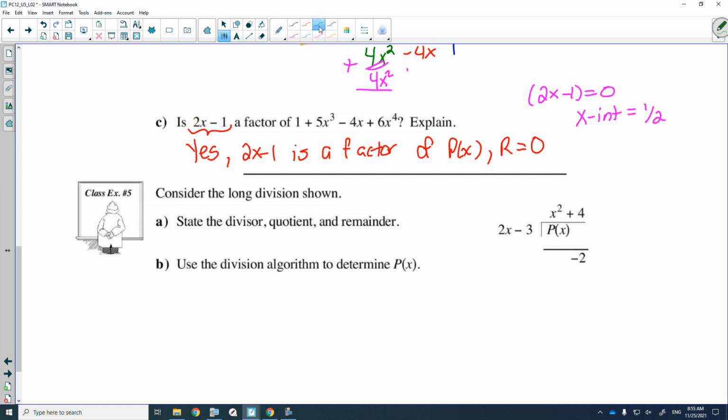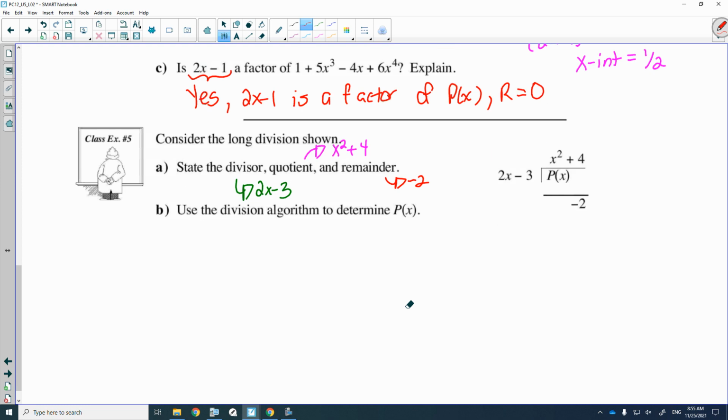Emily, what's the divisor? 2x minus 3. Jaden C, what's the quotient? Jace, remainder? -2. Use the division algorithm to determine p of x.